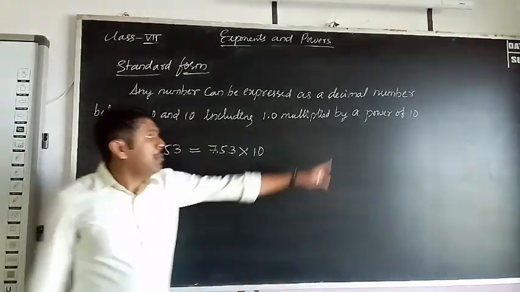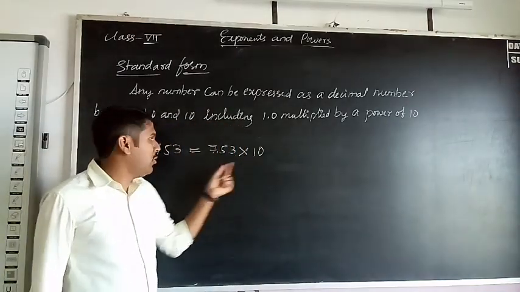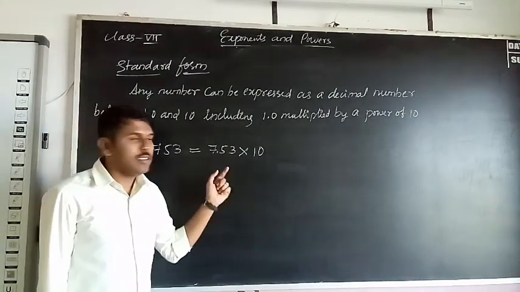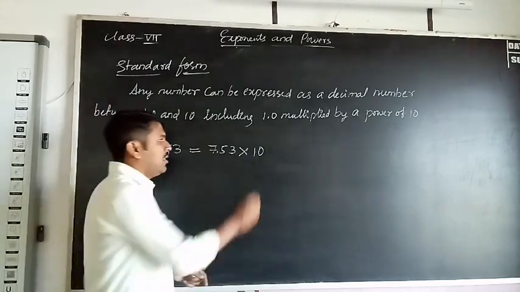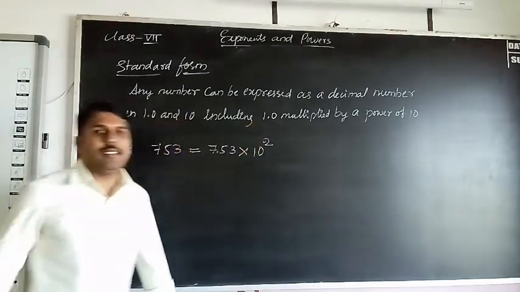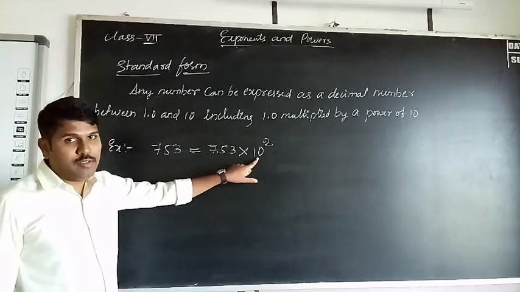Here base is 10. So for the power, what will be the total digits after the decimal point? How many digits are there? 2 digits. 2. That's it.